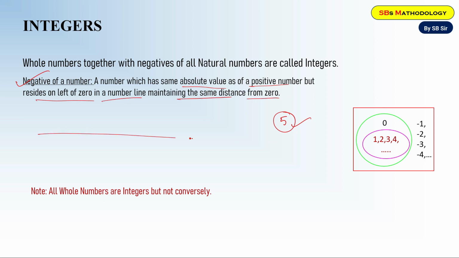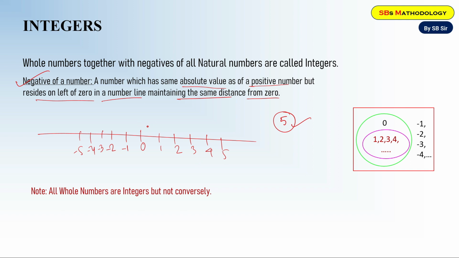Now if I talk about the number line, we take 0 as the middle, and 1, 2, 3, 4 and 5, all the positive numbers, I will write on the right of 0. If we write the same numbers 1, 2, 3, 4 and 5 on the left of 0 and mark them with a negative sign before them, that represents the negatives of the positive numbers, and they are equally distant from 0.